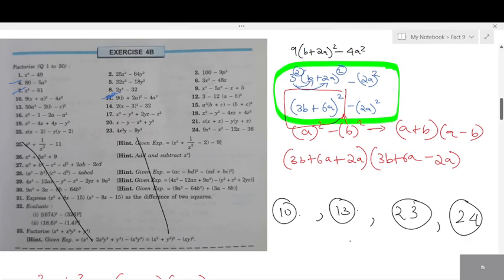Are students done? How long? It's been 10 minutes. All of you complete that? Okay. Take 5 minutes break up to 12:45. I'll conduct. Take 5 minutes break. After that, we'll continue.